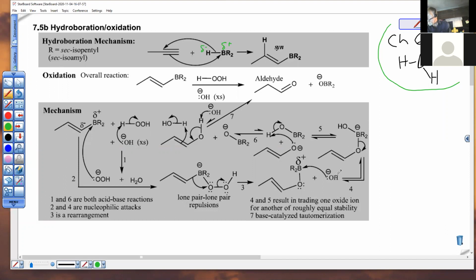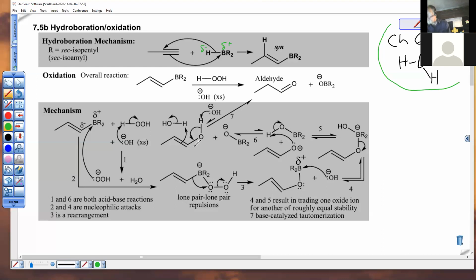So we put one O minus onto the B and we take the other O minus off in the next step. And remember, steps 1 and 6 are both acid-base. The O minus you generated here takes a proton from HO-boron with 2 R groups. Acid-base over. You've generated an enol.